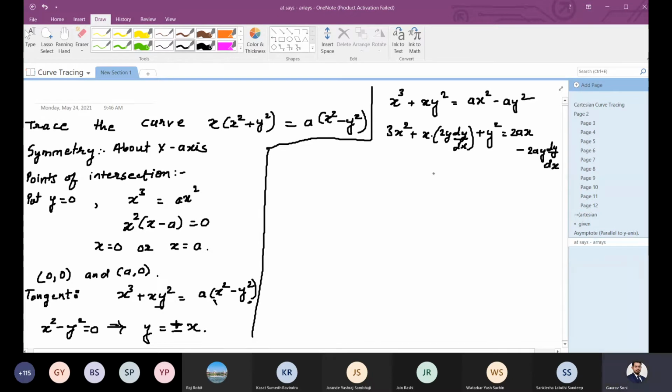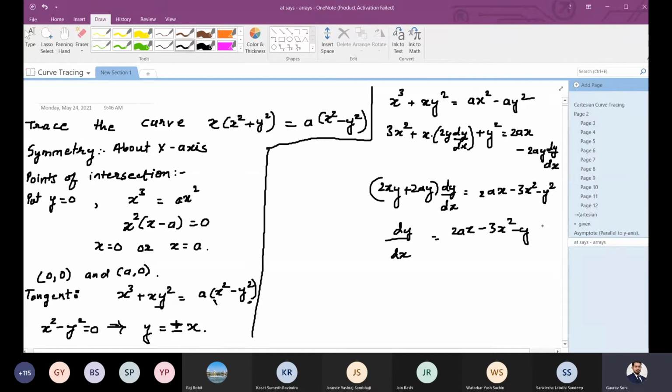We can separate this. So 2xy plus 2ay dy by dx is equal to 2ax minus 3x square minus y square. So dy by dx is equal to 2ax minus 3x square minus y square divided by 2xy plus 2ay.